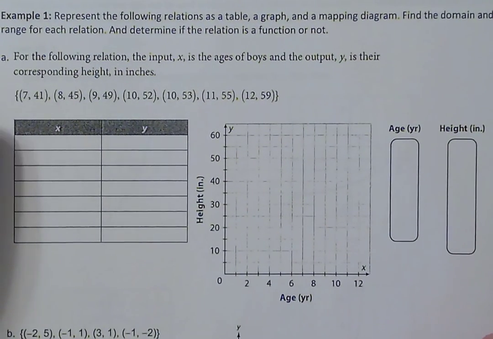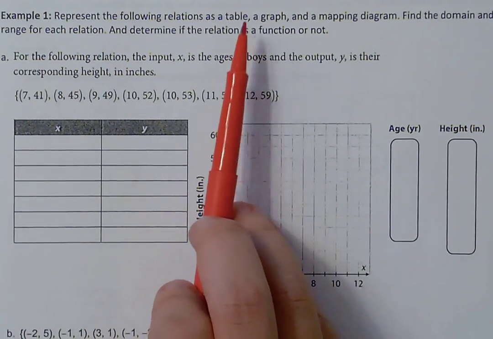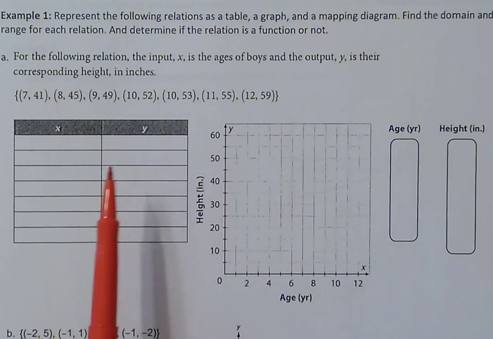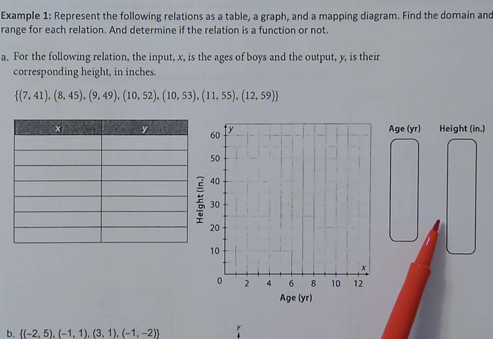Like I said, example 1, we need to represent the relation that they give us as a table, a graph, and a mapping diagram. Then we're going to look at domain and range, and then determining if it is a function or not.